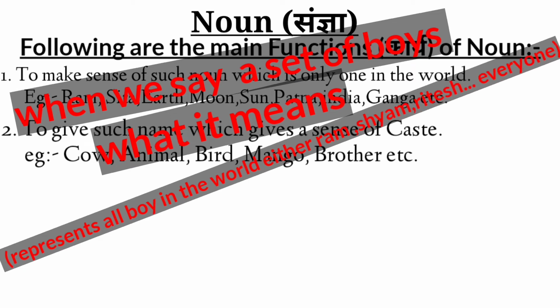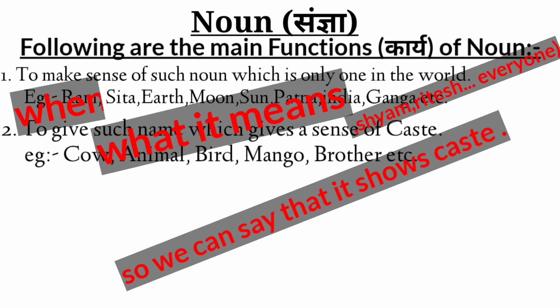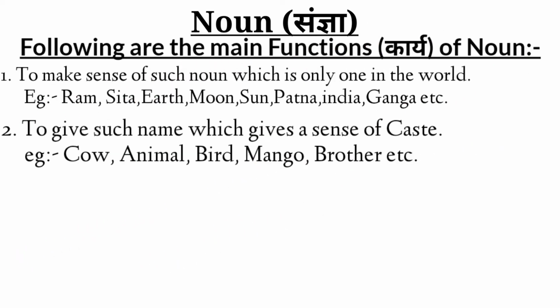But when we collect them and make a set, then what do we say? We say the boys. So here the word boys shows what? A set of something, their caste. So point 2 shows that it is a function of noun to show caste of something, somebody.